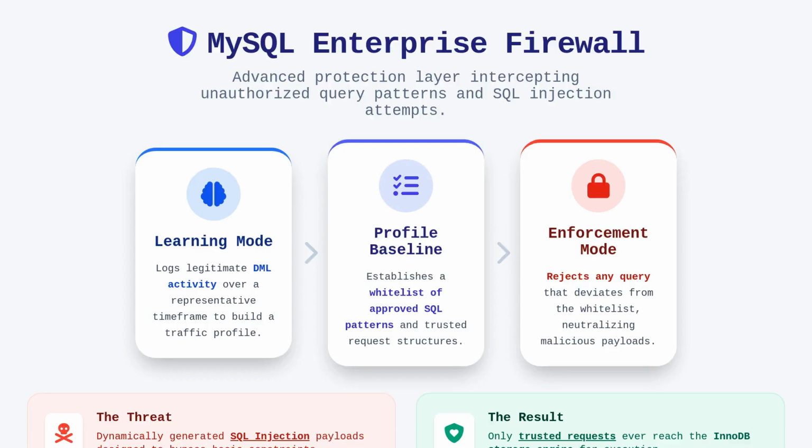Once the traffic profile is stable, you switch it to enforcement mode, where the server will reject any query that does not conform to the established whitelist. This effectively neutralizes SQL injection attempts, as an attacker's dynamically generated malicious payloads will inevitably deviate from the validated patterns. Integrating this feature ensures that only known, trusted request structures ever reach the InnoDB storage engine for execution.